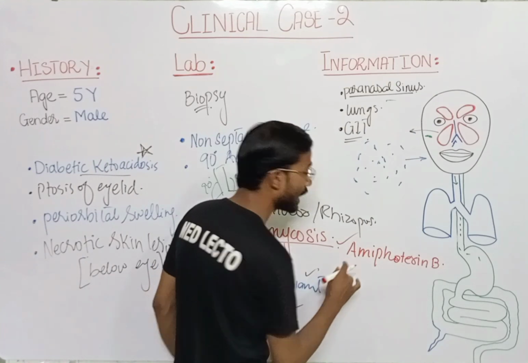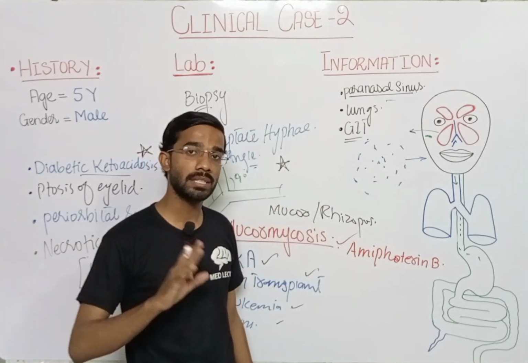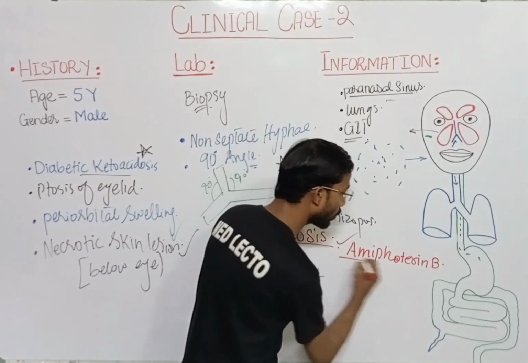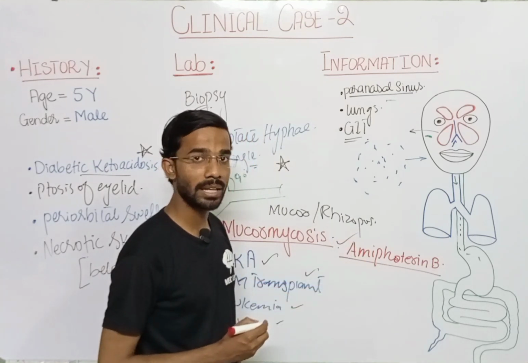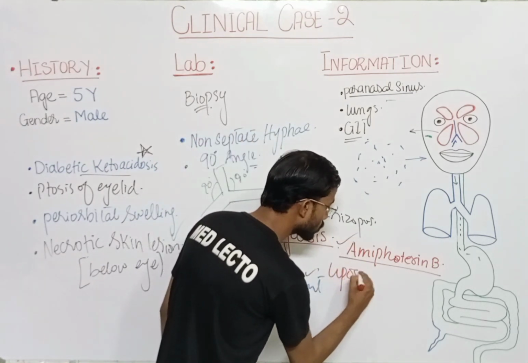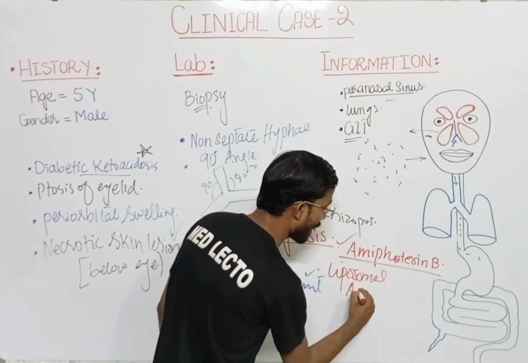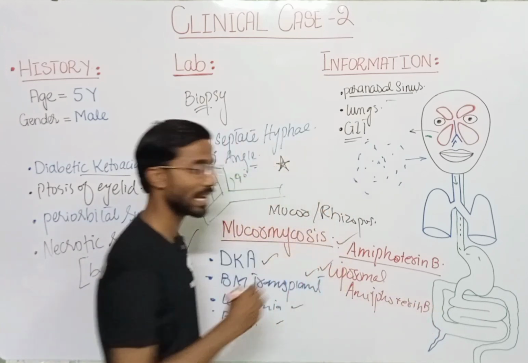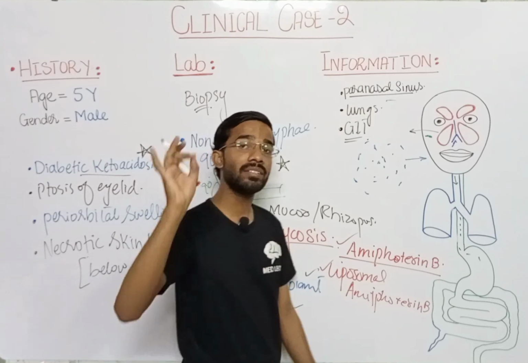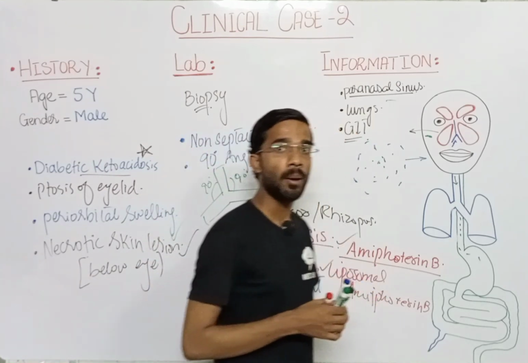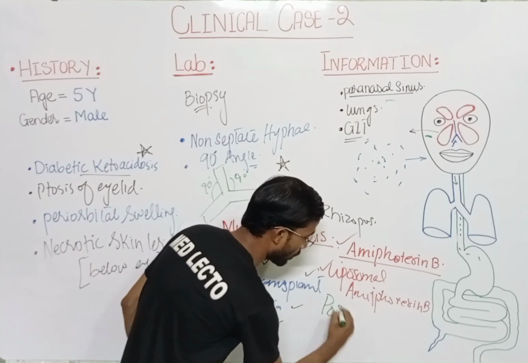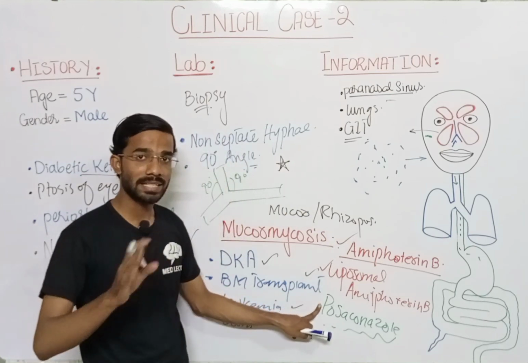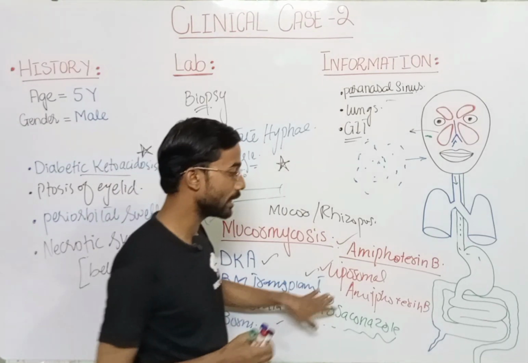Second, if a patient says he has a history of kidney damage, then I would not prescribe Amphotericin B. I prescribe Liposomal Amphotericin B. This is the alternative in case of kidney damage. And the third medicine you can use is Posaconazole. This can also be used as a prophylactic treatment in fungal disease.